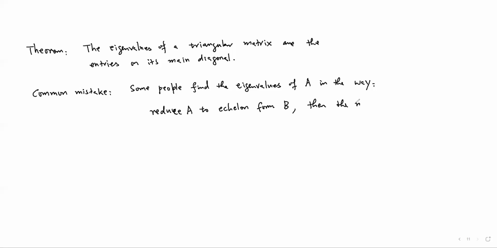The main diagonal entries of B are the eigenvalues of the original matrix A, but such a solution is completely wrong.